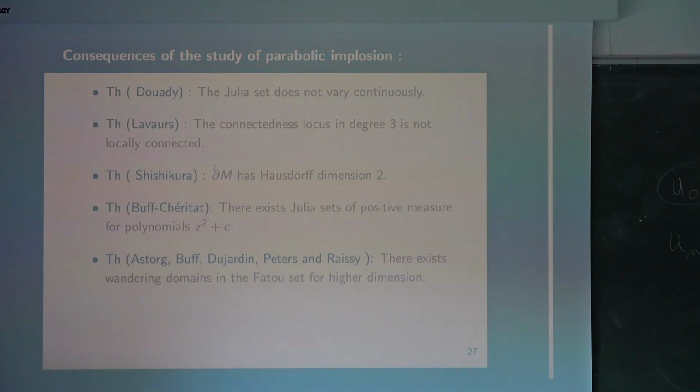They could prove that if you look at some dynamical system in higher dimension, from C2 to C2, you can find a wandering domain in the Fatou set. I will not explain what it is because you have to leave soon. But using parabolic implosion, you can break a lot of conjectures. It's a lot of work also.